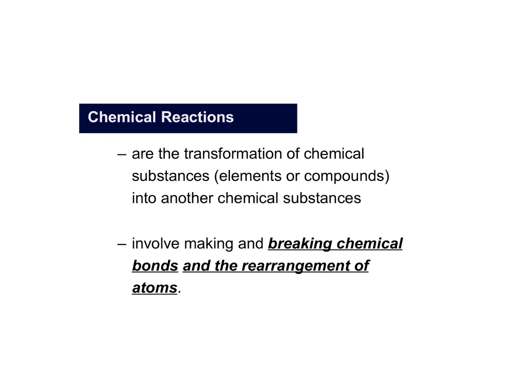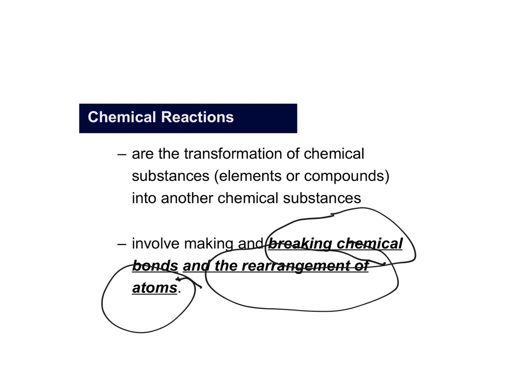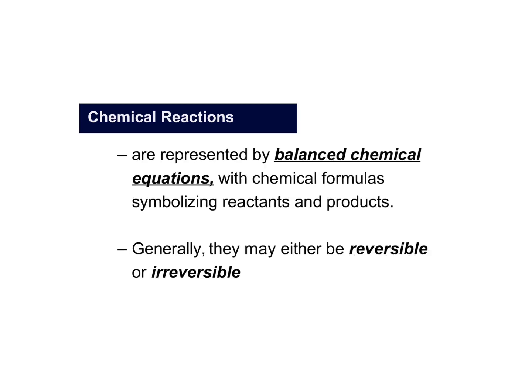And what will happen is there is a breaking of chemical bonds between the compounds, and then there is a rearrangement of the atoms to form a new product. That is a chemical reaction.